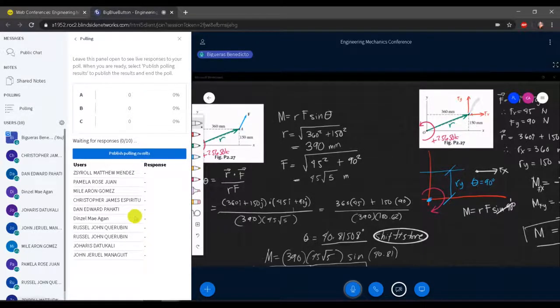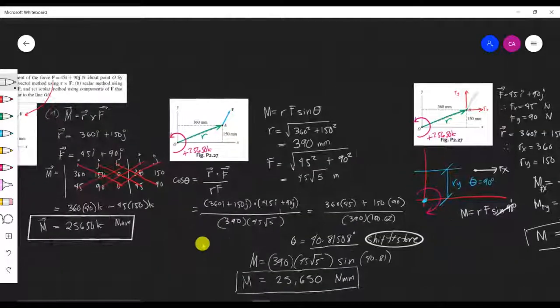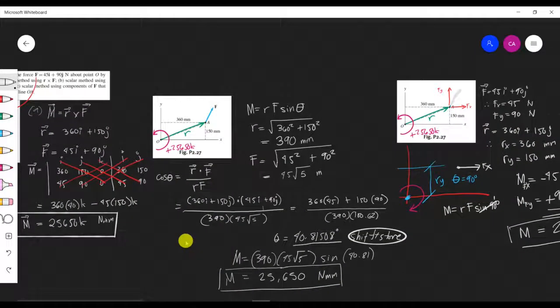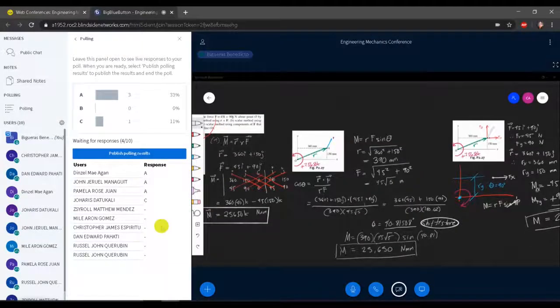Gusto kong malaman, A, yung vector, B, yung scalar, C, yung component. Saan kayo mas komportable? Or baka wala. So, yan siya. Yan yung ating kabuang solution. Pare-pareho lang ng sagot. Okay? So, most of you, mas gusto yung unang approach. Kasi direct substitution lang, no? Then, some of you, yung pangatlong approach.